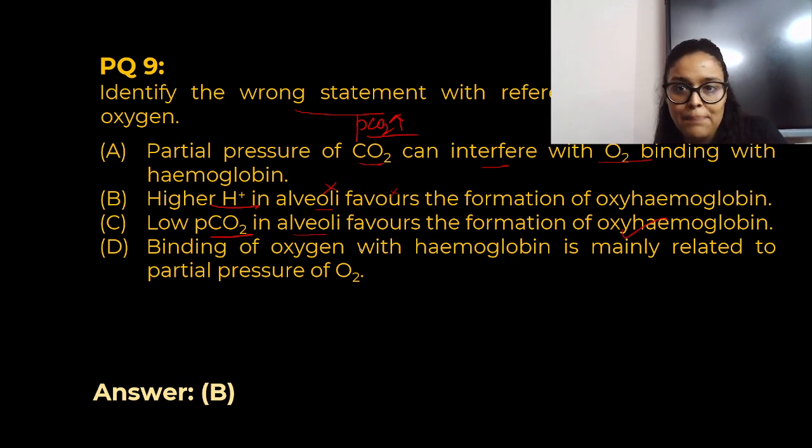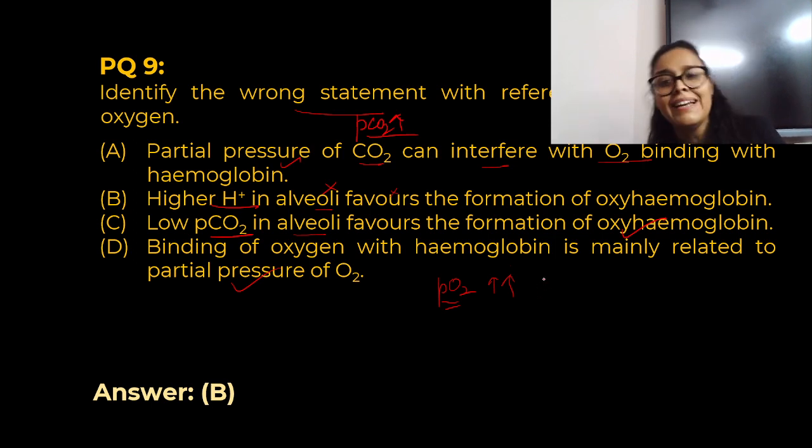Yeah, this is absolutely true. And see, partial pressure of CO2 can interfere with the oxygen. Yeah, this is true. And binding of oxygen with hemoglobin is mainly related to partial pressure. Yes, so where the partial pressure of oxygen is more, like in the lungs, even less oxygen will bind with more hemoglobin.